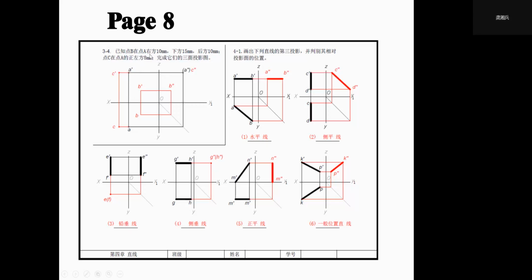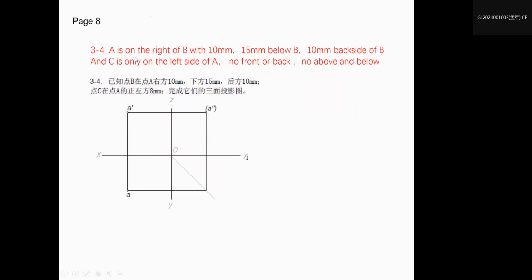It's actually A is on the right of B. So actually B is on the left. See clearly, B is on the left. Now A is on the right. A's position is right of B. So that's why B is on the left. The question is wrong.